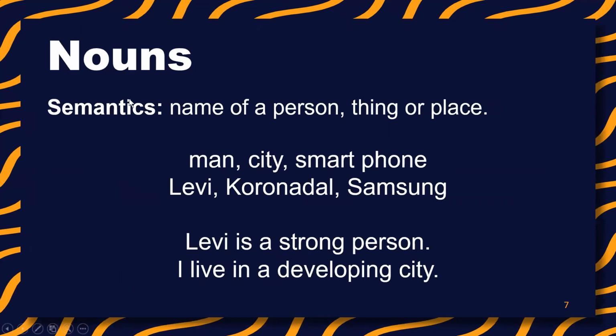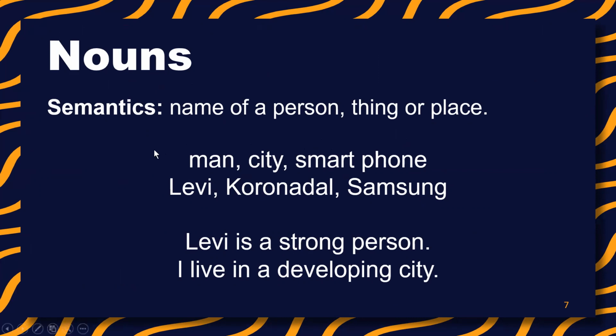In terms of semantics, or meaning, nouns refer to the name of a person, a thing, or a place. For example, the name of a person, a man; a city, or place; a smartphone, which is the name of a thing or an object.